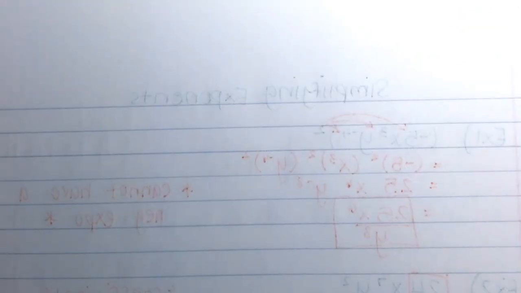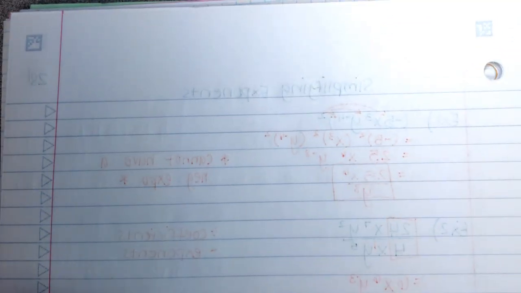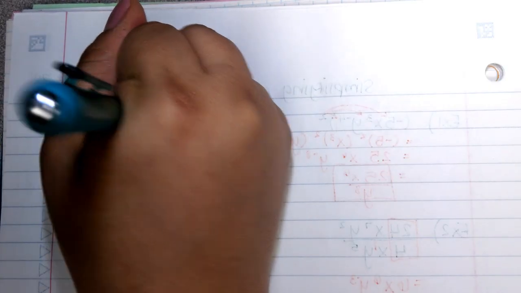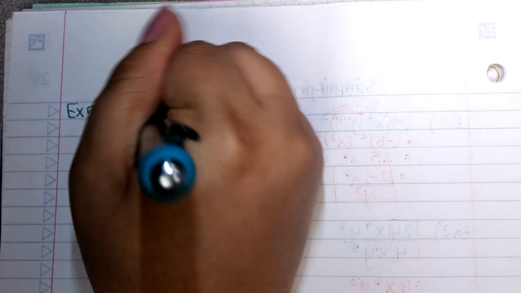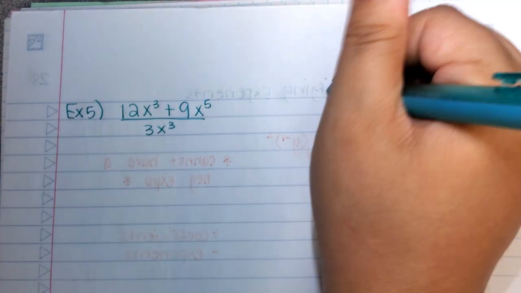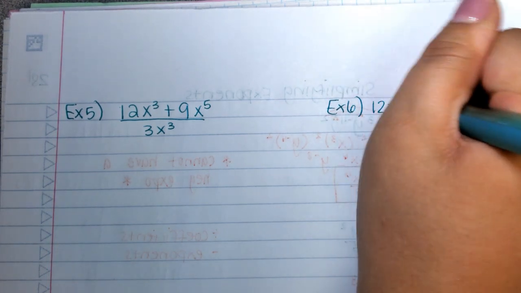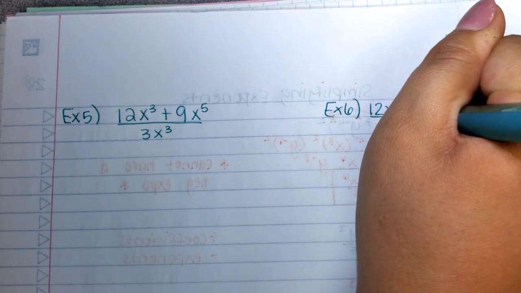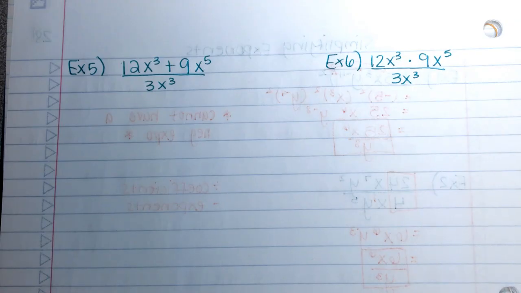Example 5 and 6, I'm actually going to put right next to each other just because they are very similar in looks. All right, I'll give you a song to solve these.